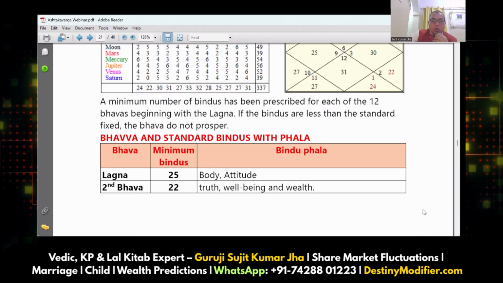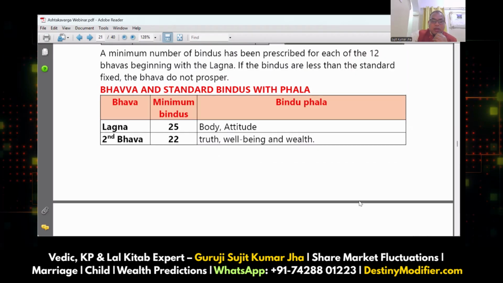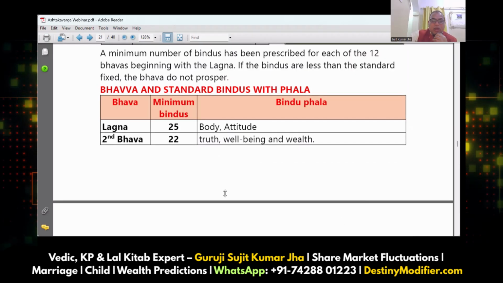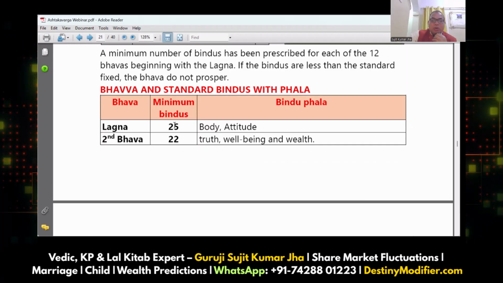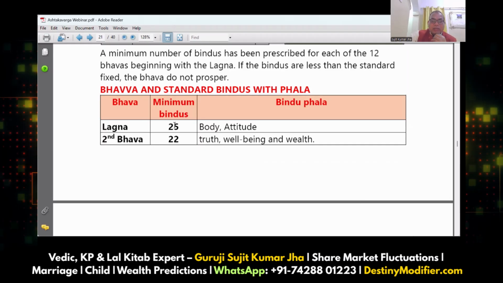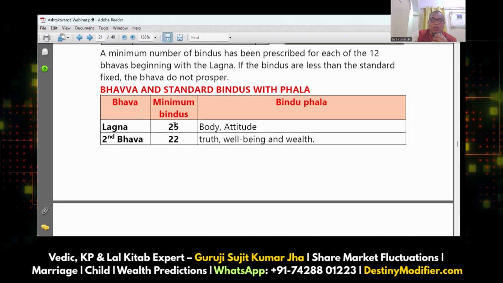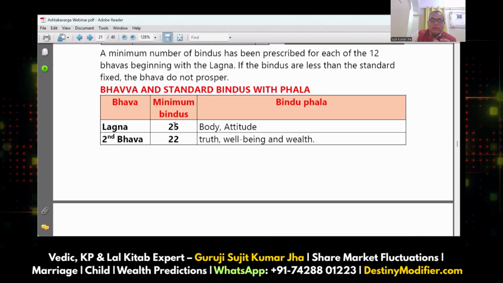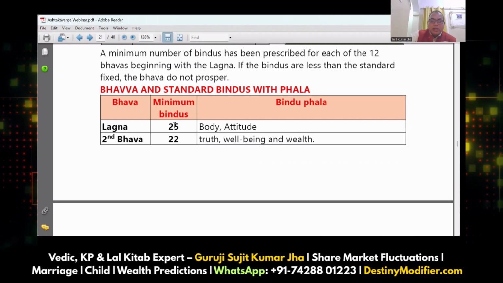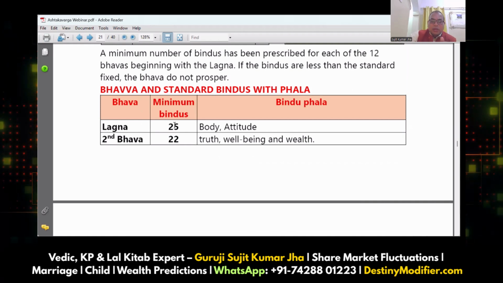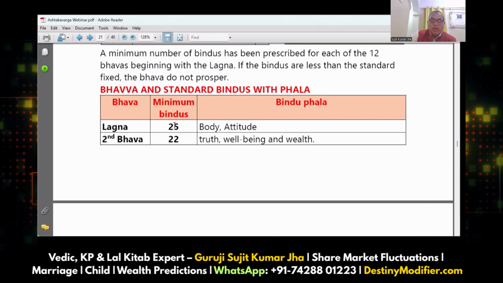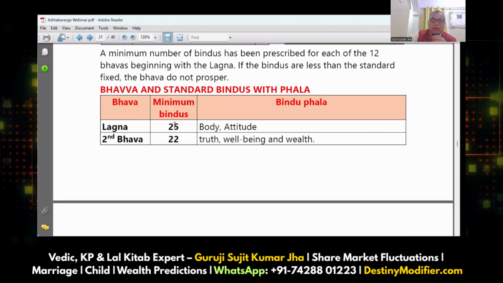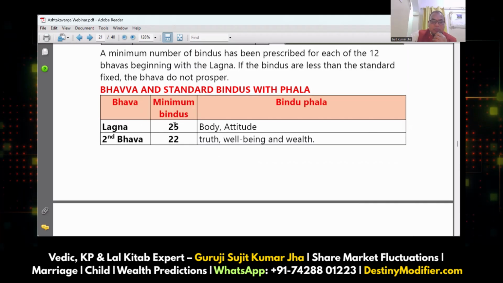Now, according to the rule of Ashtakavarga, suppose Lagna is given 25 points as the minimum. If Lagna has 20 points, it means the person has an afflicted body or will get some disease whenever any malefic planet comes to the Lagna.